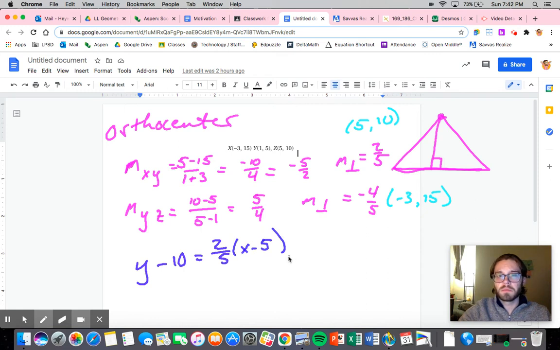It's actually pretty nice, right? Because if I simplify that, that's going to be y minus 10 equals 2/5 x minus 2. By the way, when you get your equations, you can always graph them using a graphing calculator or Desmos or something like that. I'm just going through the process of showing you what to do. Okay, so we have that. Oh, I'm going to add the 10.